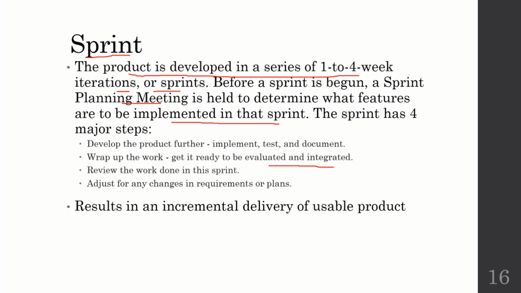Then we review the work done in this sprint. Finally, the review committee will follow the review process, and then we adjust for any changes in requirements or plan, a very important aspect for agile models. And this ultimately will result in an incremental delivery of a usable product.